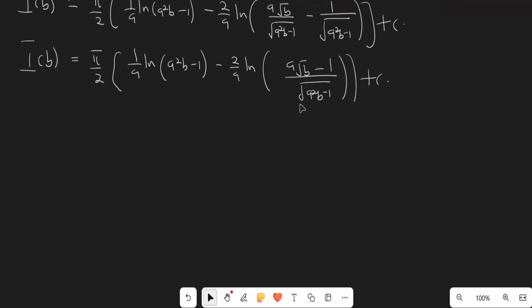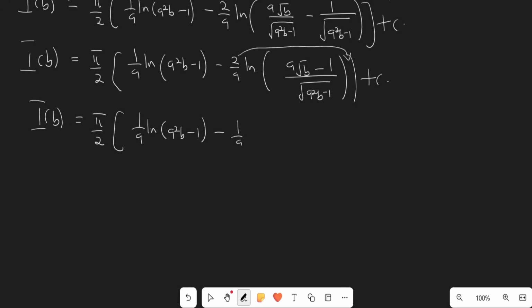So now we can apply some laws of logarithm here, right? Before we do that, let's bring this 2 here to the power using the power rule of logarithm. So let's do that. I of b is equal to pi over 2, multiplied by 1 over a times the ln of a squared b minus 1, minus 1 over a here as well, then the ln of a times the square root of b minus 1.